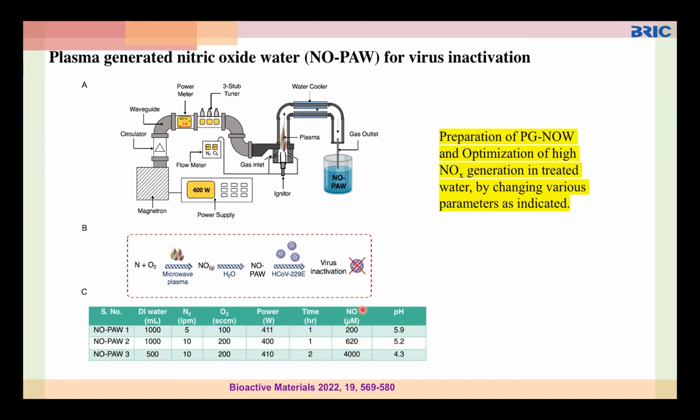The concentration of NO in this condition, condition 3, was 4,000 micromole, and the pH was also not very low. It is around 4.3 to 5, which can be used further by dilution in clinical settings, for the patients or the animals.